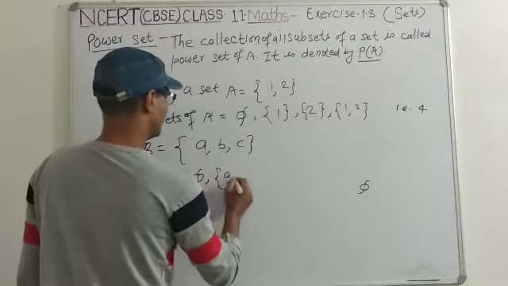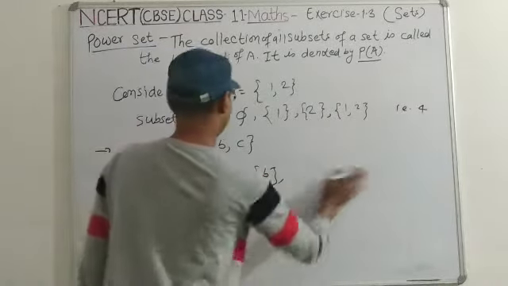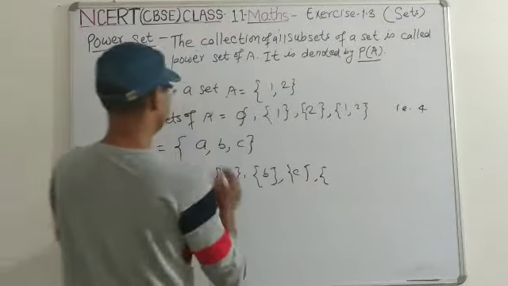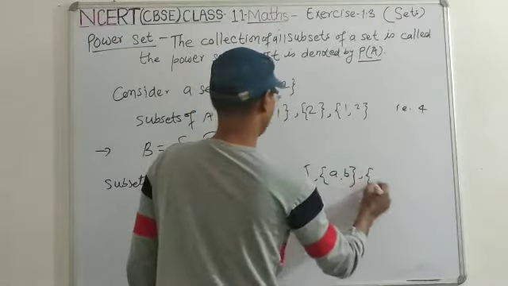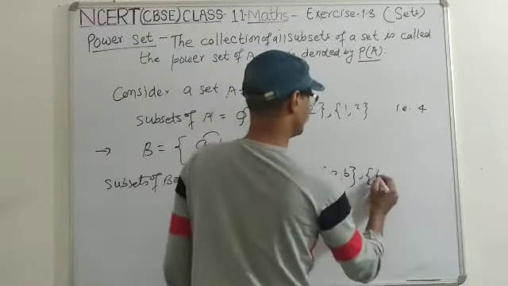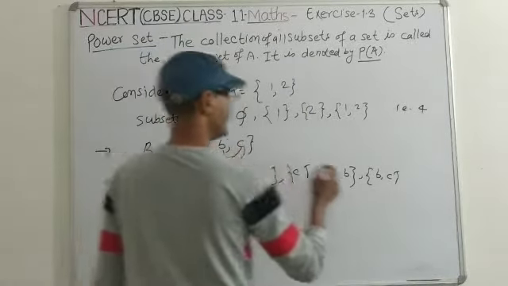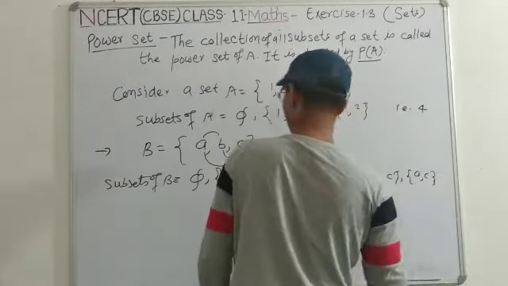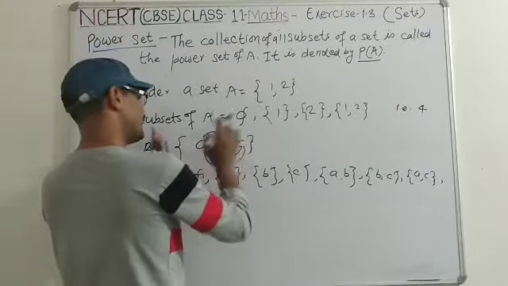Phi, A we took, B is also a subset, C, AB, BC and also AC, and ABC. ABC is also a subset of itself.